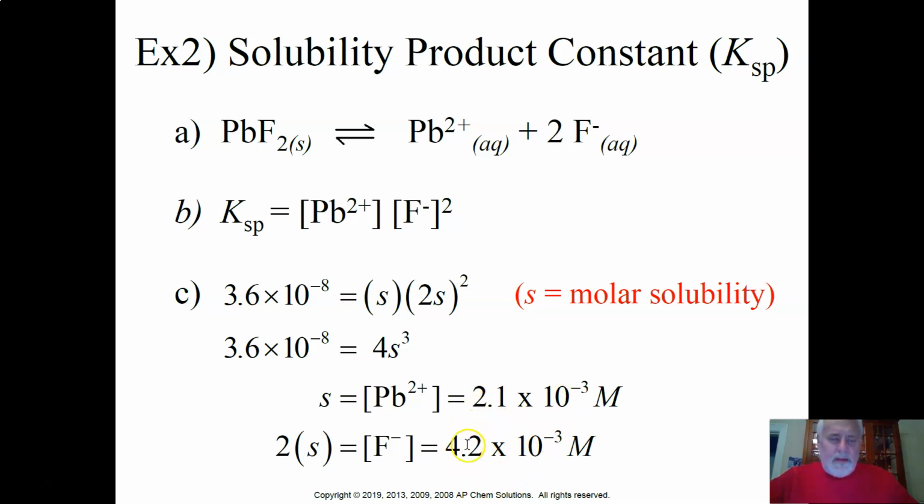This would be one that might be on a multiple choice test. You're like, oh no, I got to take that times 2. Well, it's the same power, so just 2.1, double that up, 4.2 times 10 to the minus third molar. All right, and that's doing the solubility product constant.